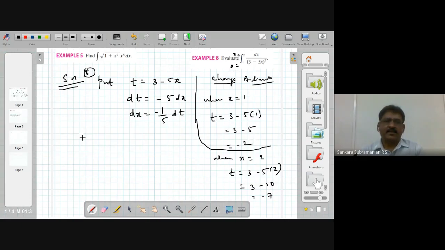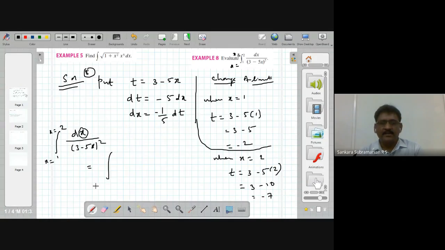So now let us come to the calculation. Integral 1 to 2 dx by (3 minus 5x) the whole square equal to, please note it down, this is the limit for x equal to 1 to x equal to 2.